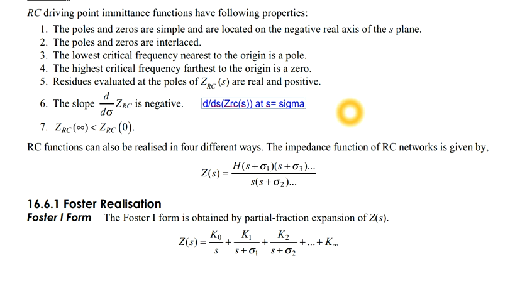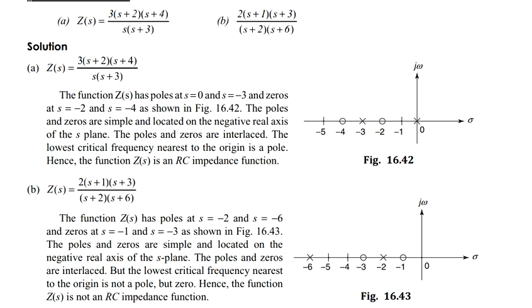an example. Let us see these two examples and check whether these functions are RC functions or not. Part A is an impedance function, and part B is also impedance, even though it is not mentioned in the solution. Whenever you are asked to check whether a function is RC, RL or LC, the first step is to draw the pole-zero plot.